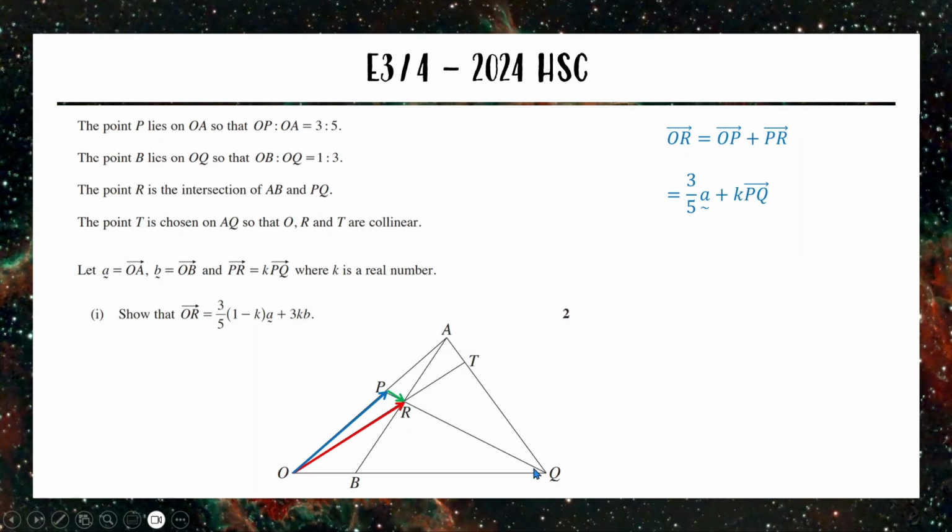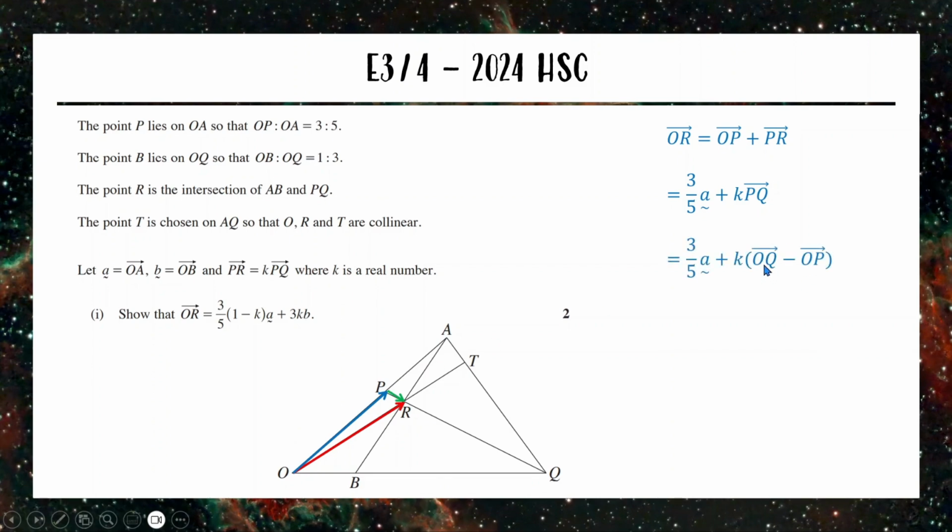The vector from P to Q, a really important concept for this question and a lot of these vector questions, is that if you want to find an expression for the vector from a starting point to an end point, you can do the vector at the end point, take away the start point. What I mean here is that vector PQ can be found by doing OQ take away OP. It's the same logic as the vector from A to B is B minus A. We're doing the same thing here. So we're going to say that vector PQ is OQ take away OP.